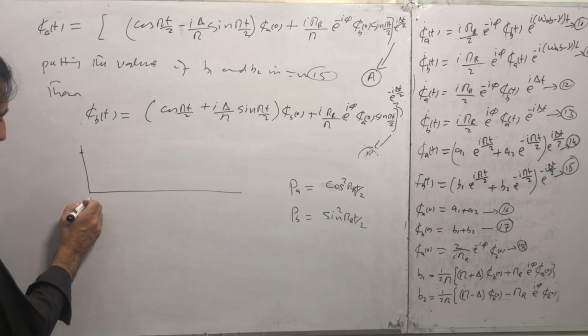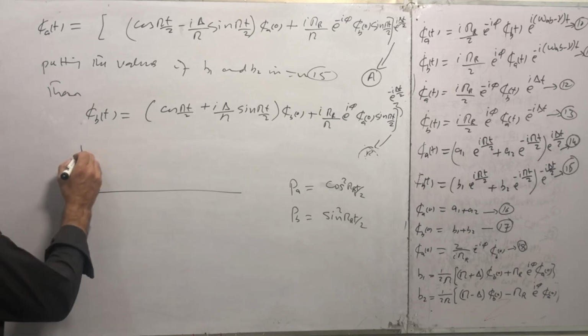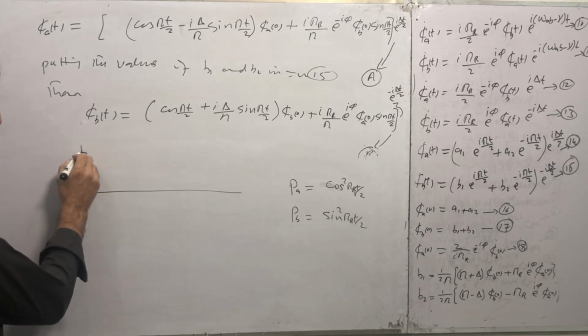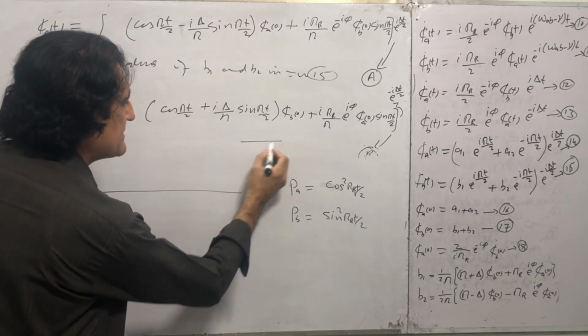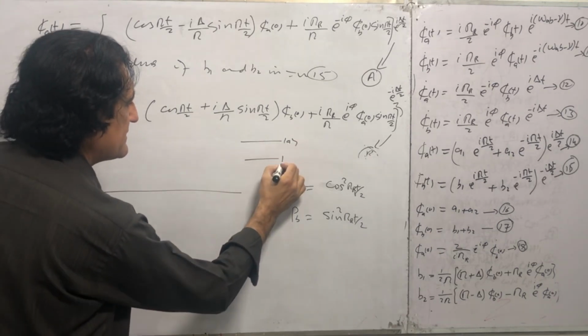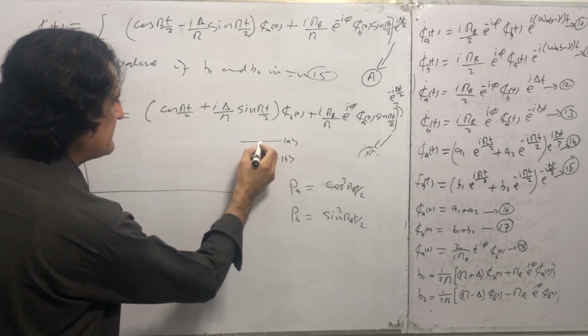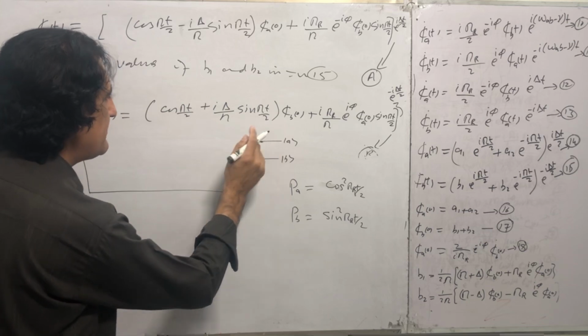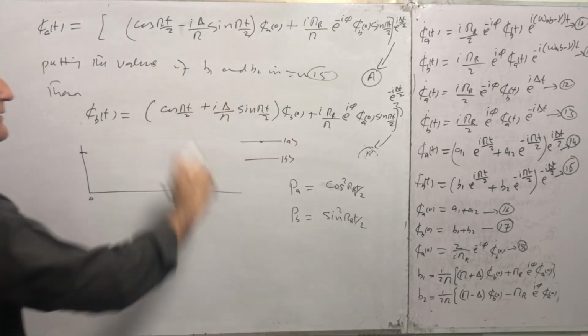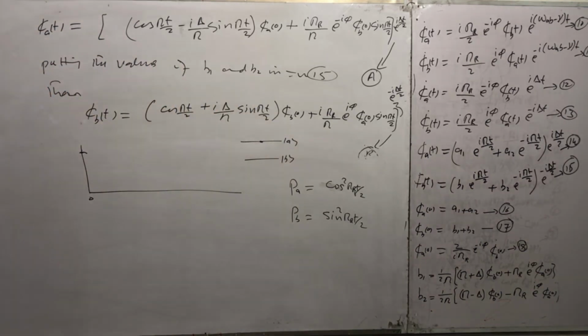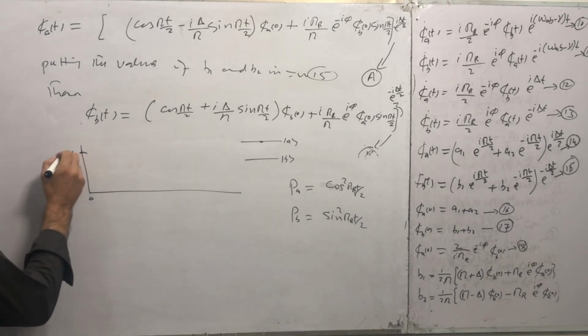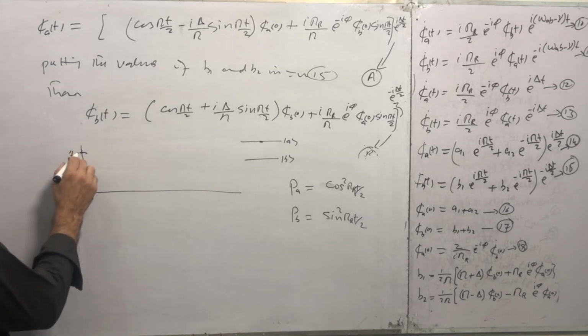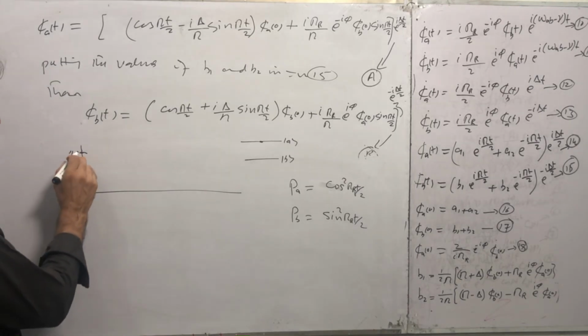At t equal to 0, we have maximum probability in the excited state. This is the excited state. The electron will be found in state A, so there is a maximum probability of 1 at time t equal to 0.